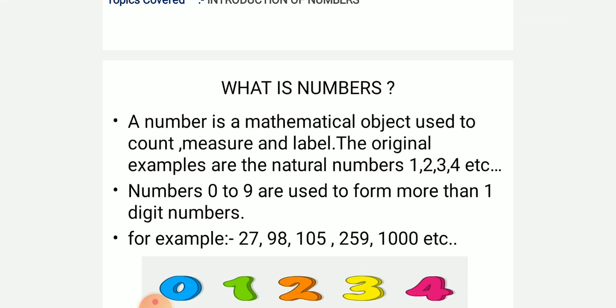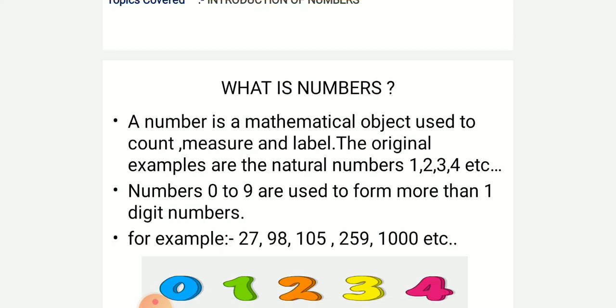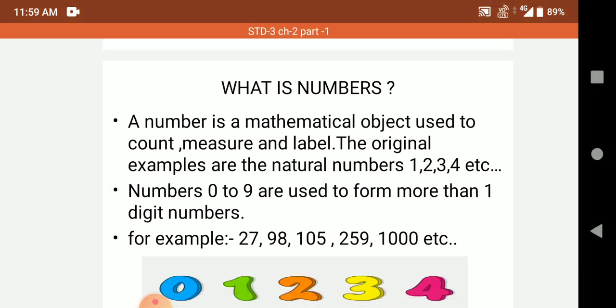We know that 0, 1, 2, 3, 4, 5, 6, 7, 8 or 9 are called natural numbers, and with the help of these numbers we can easily make different 2 digit, 3 digit, 4 digit, 5 digit numbers.